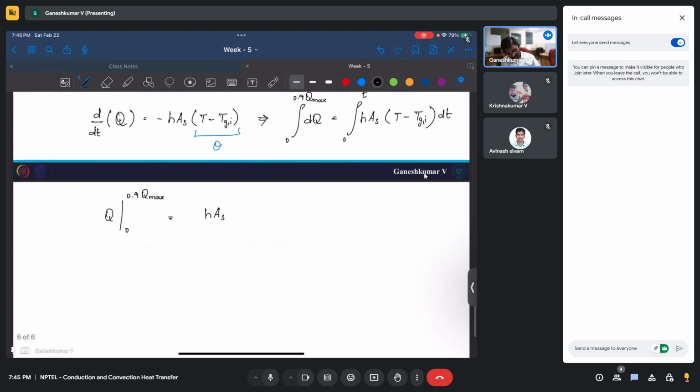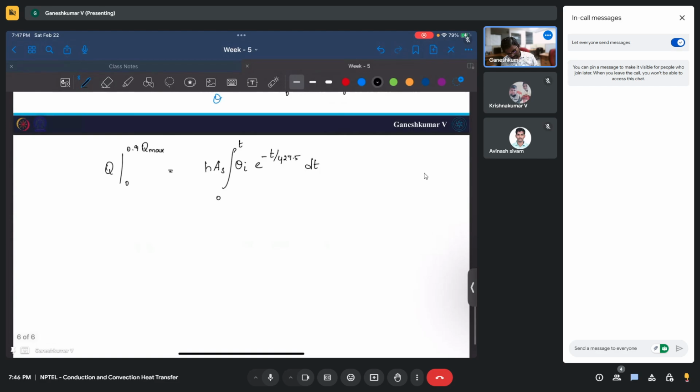So I substitute it here, theta i times e power minus t by 427.5 dt, integrated from 0 to t. So this corresponds to 0.9 times Q max equal to h A s. Theta i is also constant. You have the integral from 0 to t of e power minus t by 427.5 into dt. So you perform this integration.